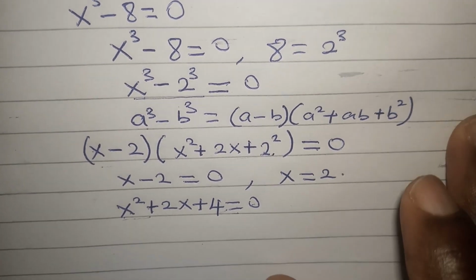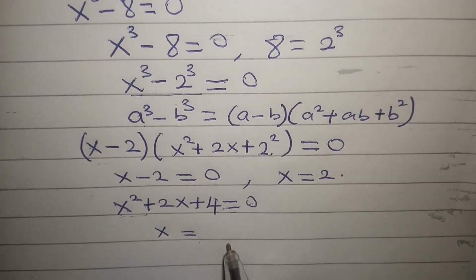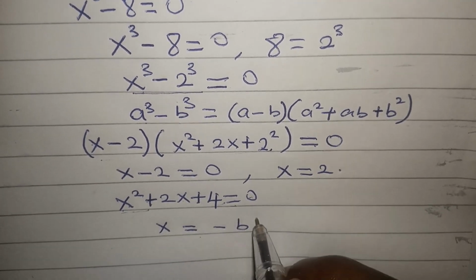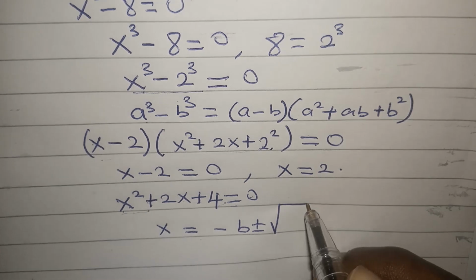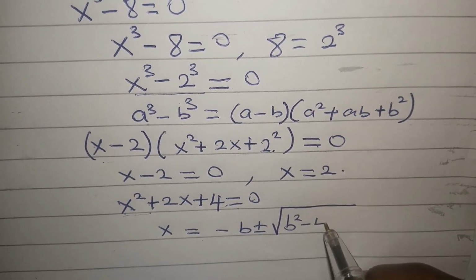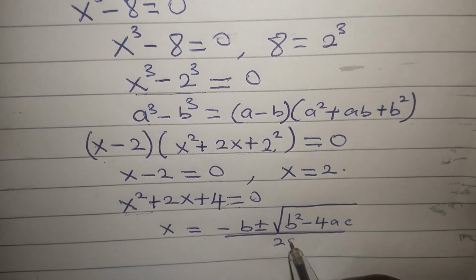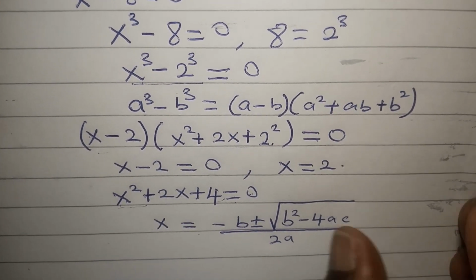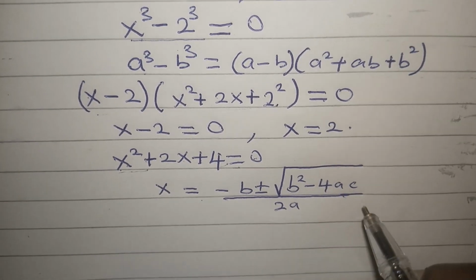So for simplicity's sake, we are going to use the formula method, which says our x is equal to minus b plus or minus the root of b square minus 4ac over 2a. Okay, so this is what we are now having. So from here we are going to apply the rule.